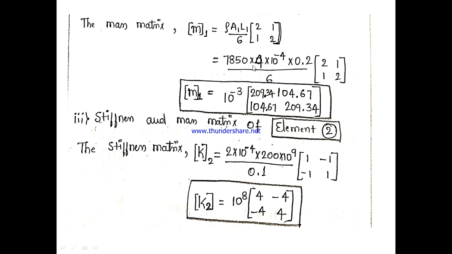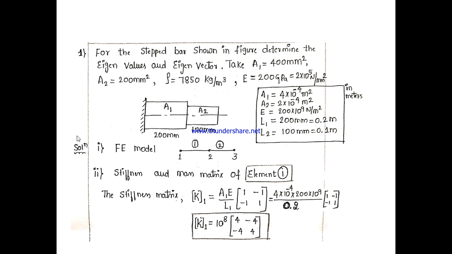So 7850 into 4 into 10 raised to minus 4 into L1, 0.2, divided by 6. I got 104.67 into 10 raised to minus 3. When I multiply with the 2, I get the double value diagonally, and the off-diagonal value remains the same. I took 10 raised to minus 3 common.